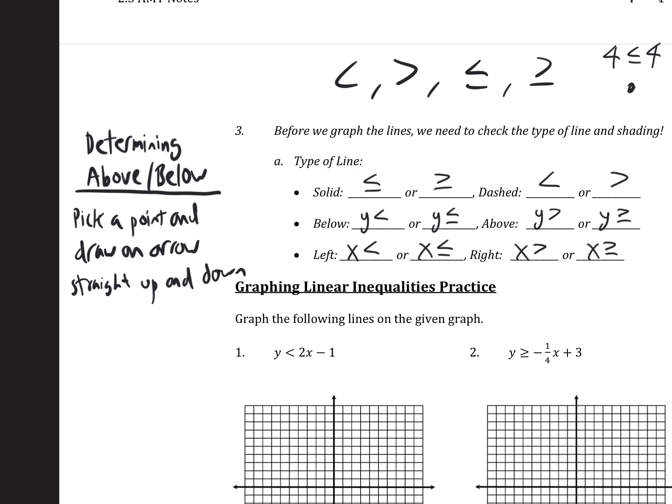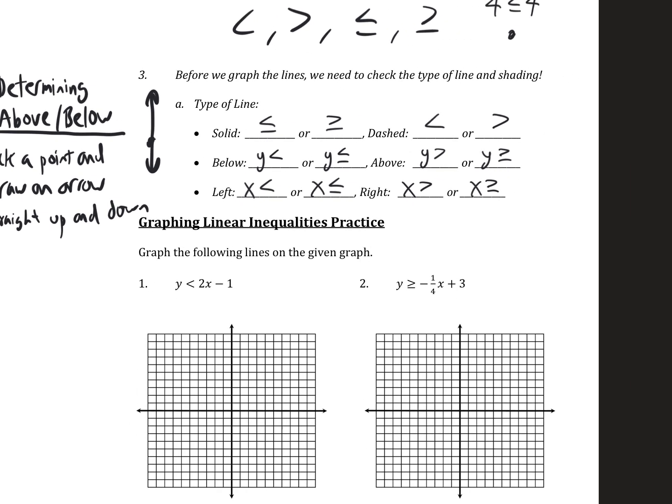It's kind of hard to tell with a really steep line which way is above or below. So if you pick a point and draw straight up or straight down, it'll help you tell which way we're going to shade. All right, a lot of moving parts here. Let's see if we can figure this out.